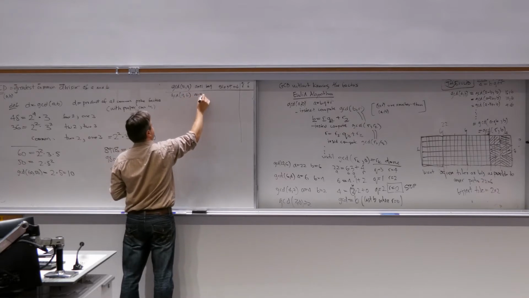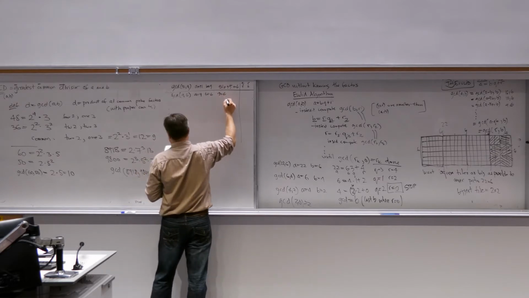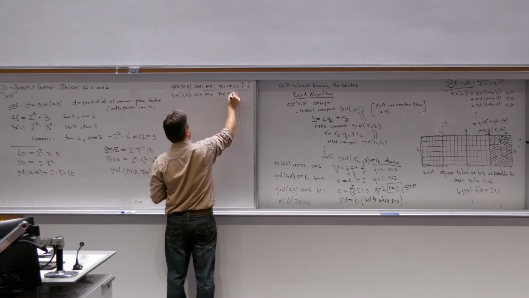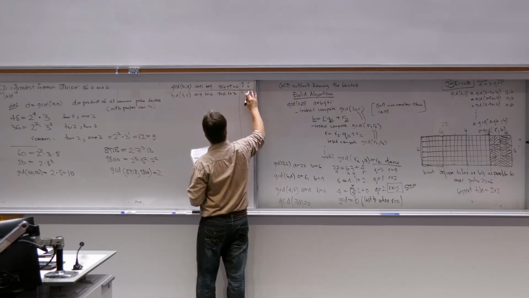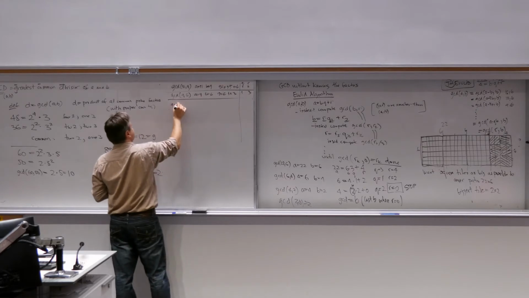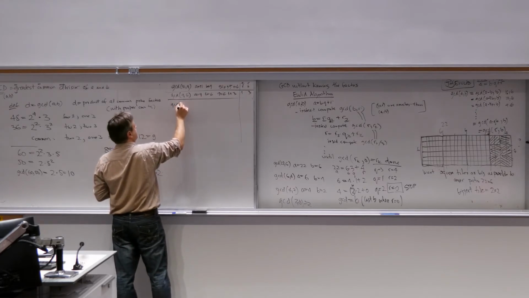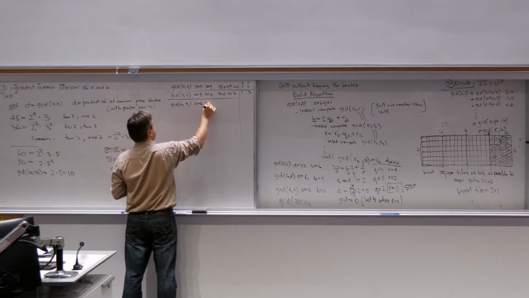So A is now 9, B is now 6. 9 is 6 times 1 plus 3. So who's Q? 1. Who's R? 3. So my next line will be GCD of 6 and 3. A is 6, B is 3.